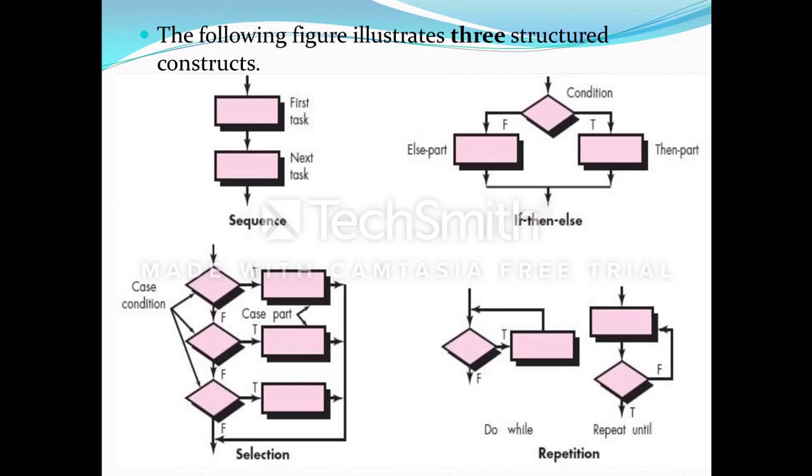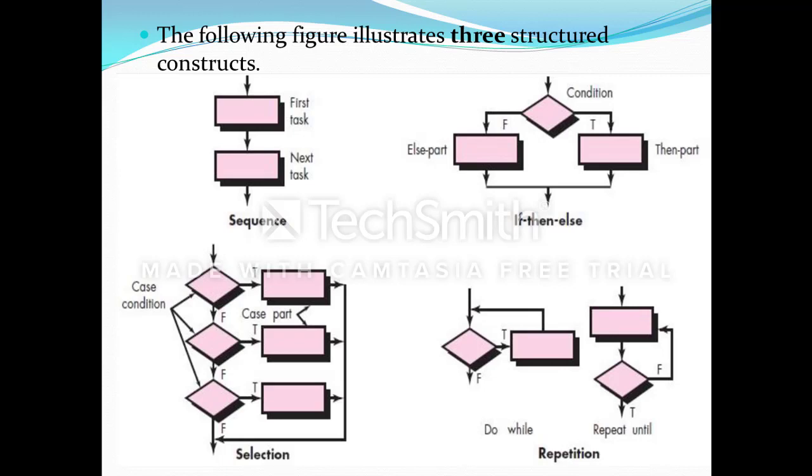If the condition is true, the then part processing occurs, and if the condition is false, the else part processing occurs. The diamond symbol is connected to two different rectangle boxes. If the condition is true, T means true, so it executes the then part. If the condition is false, it executes the else part. So any one of the statements will execute in if then else.